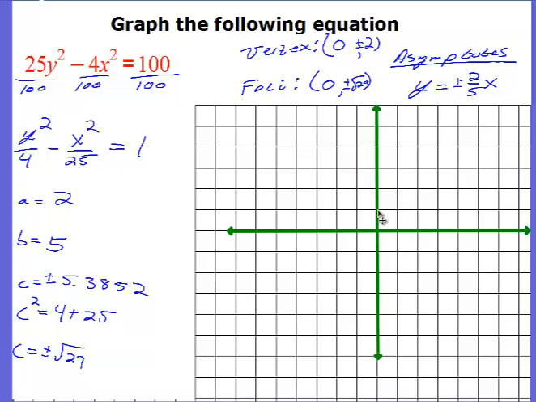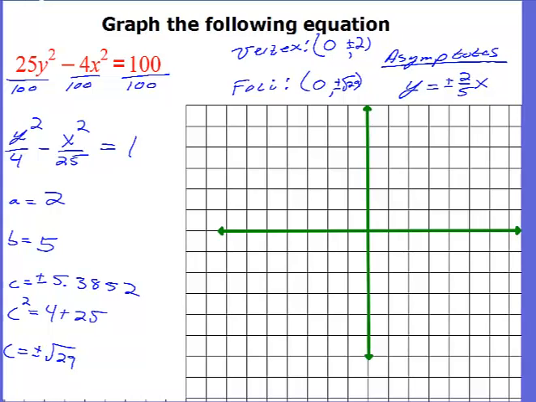So I'm going to start off with my asymptotes. What kind of lines do we use for asymptotes? Dashed lines, always. So y equals plus or minus 2/5 x. If I just look at this as plus 2/5 x, what's the b up here? What's the y-intercept? 0. And what's my slope? 2 over 5. So I'm going to start at 0 and go up 2 over 5.